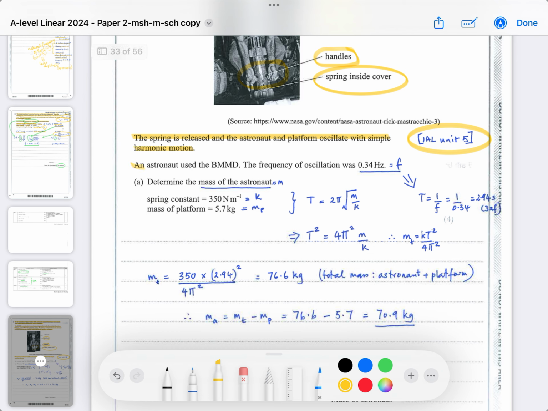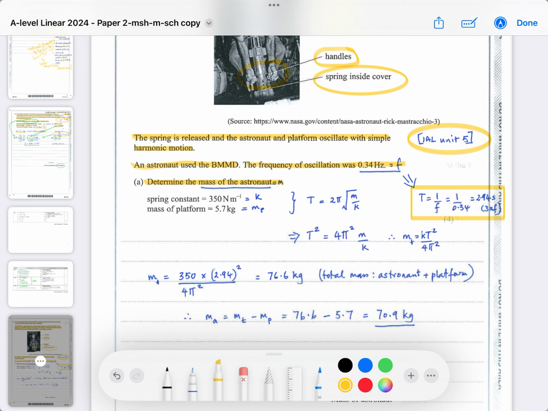So an astronaut used this device and the frequency of oscillation was 0.34 hertz. Well, then we know the period. We can calculate it straight away, which is kind of what I tend to do before they ask me what to do. They want us to determine the mass of the astronaut, m.